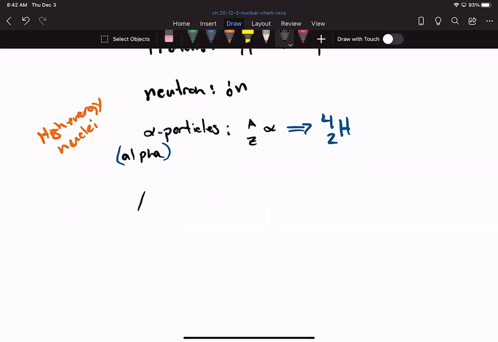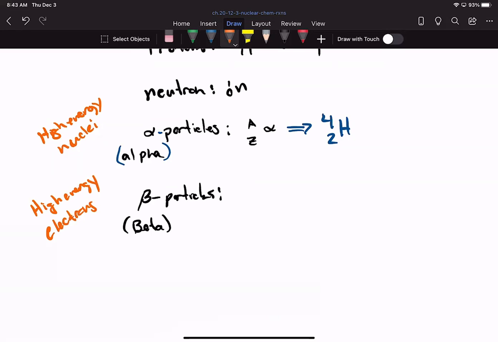Then we have beta particles, and I'll put beta down here. So we have beta particles, and beta particles are high energy electrons, high energy electrons.